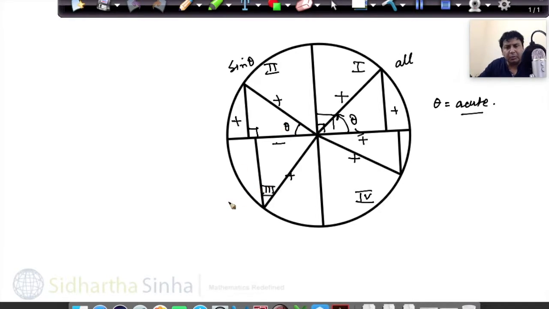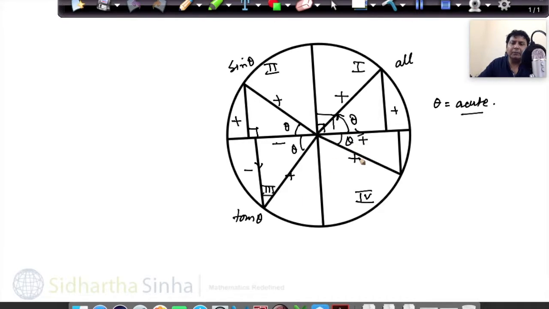Similarly, in the third quadrant, downside y is negative and x is negative, so only tan theta will be positive, negative upon negative being positive. So only tan theta and 1 upon tan, that is cot theta, will be positive; all other quantities will be negative here.